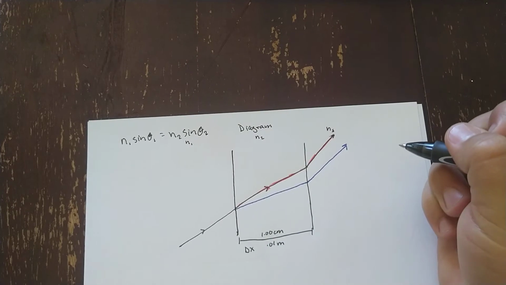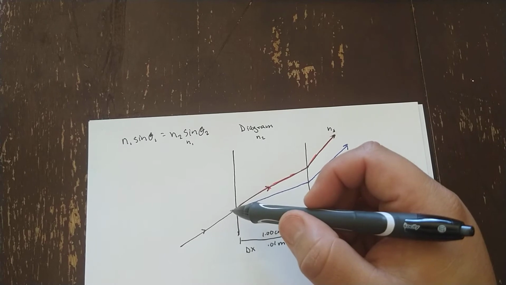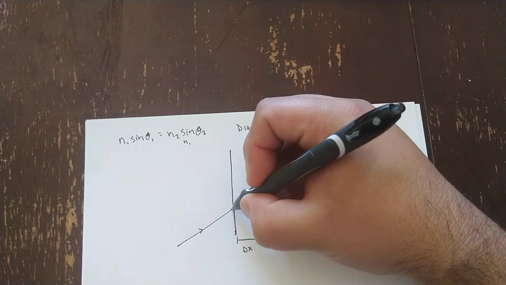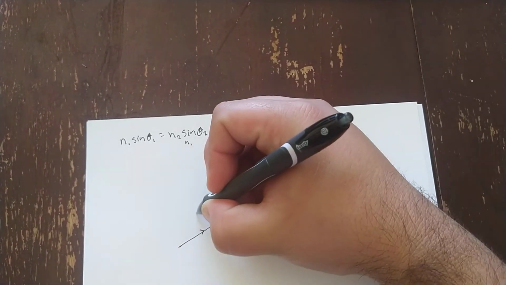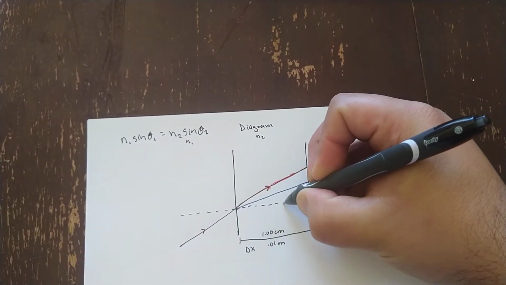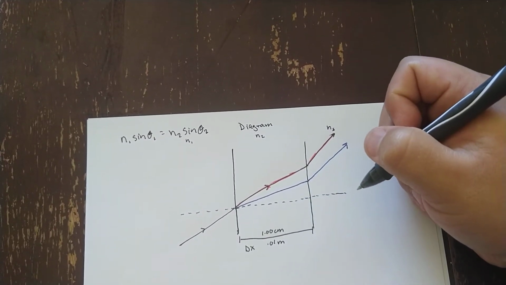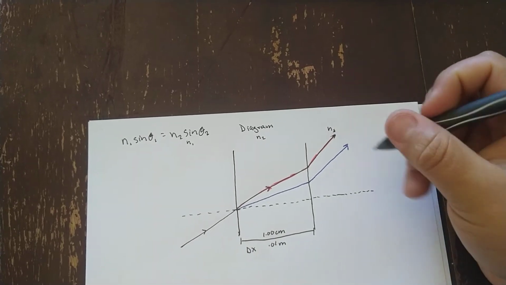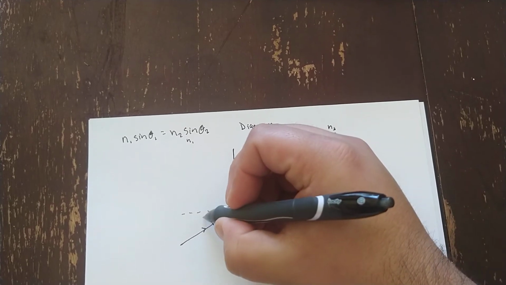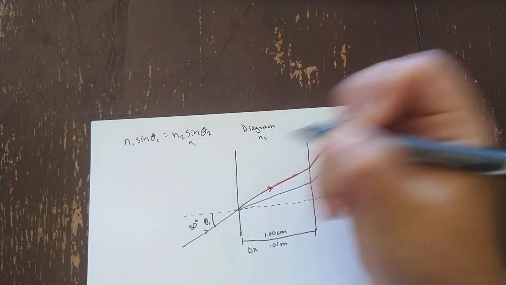We're just going to call that x. Now, the incident angle comes in at 30 degrees, so we're going to draw a normal line from here, all the way across the glass. You never know what we might need. The incident angle is theta 1, and we're going to label this as 30 degrees.